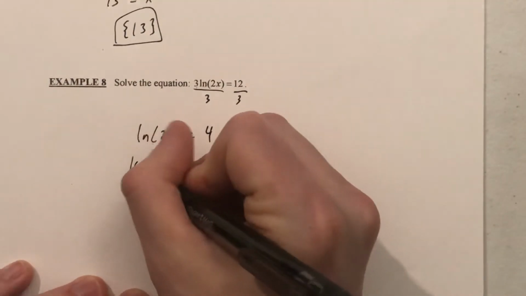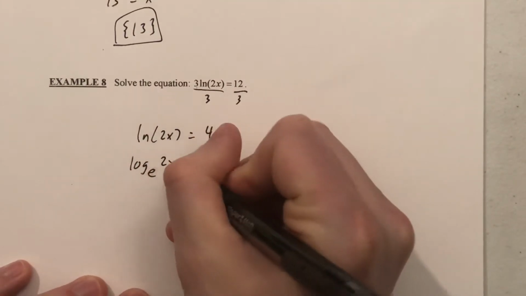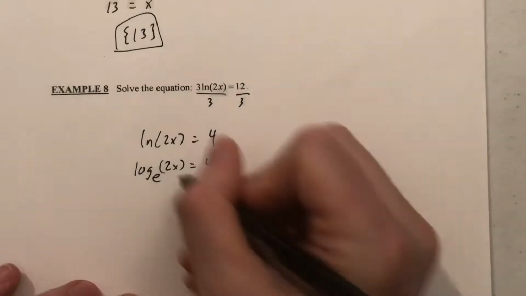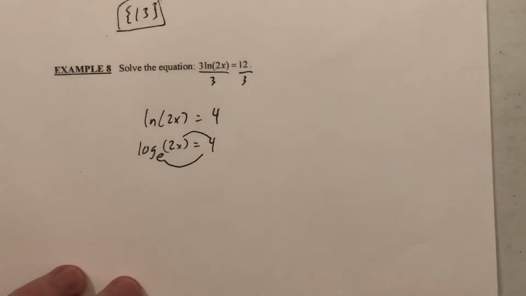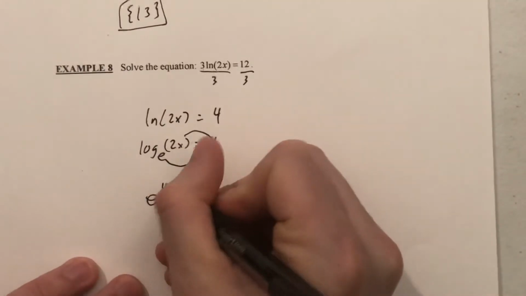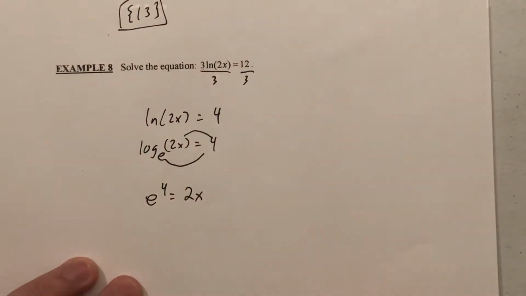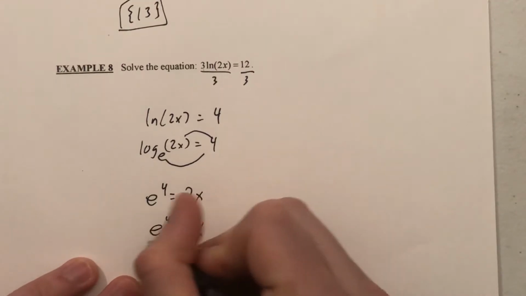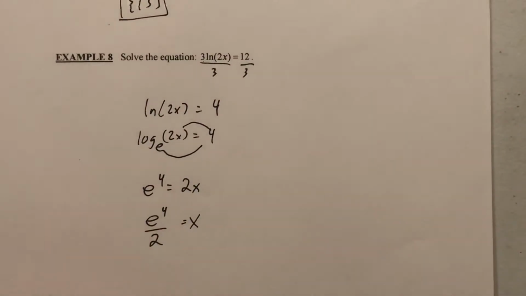But this ln, let's remind you, is a log base e. So we're looking at log base e of 2x equals 4. If it helps you to write it that way to see the cycle, this is e to the 4th equals 2x. Then just dividing both sides by 2 is all it will take to solve for x.